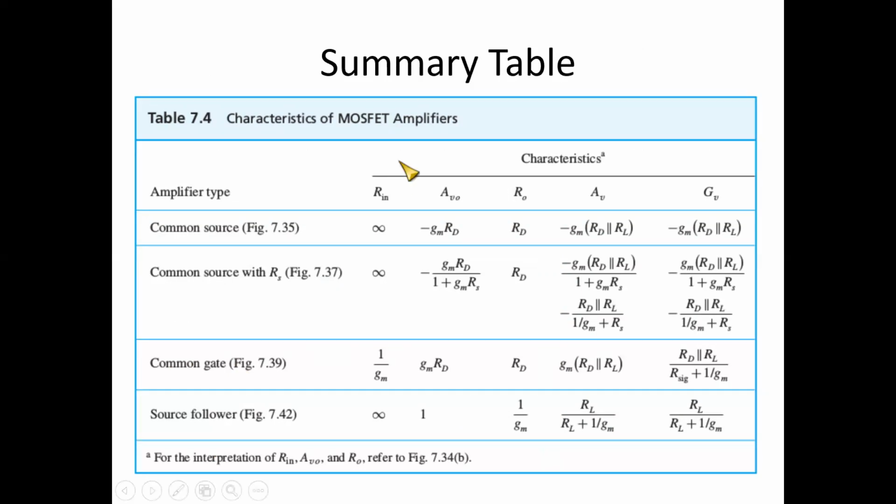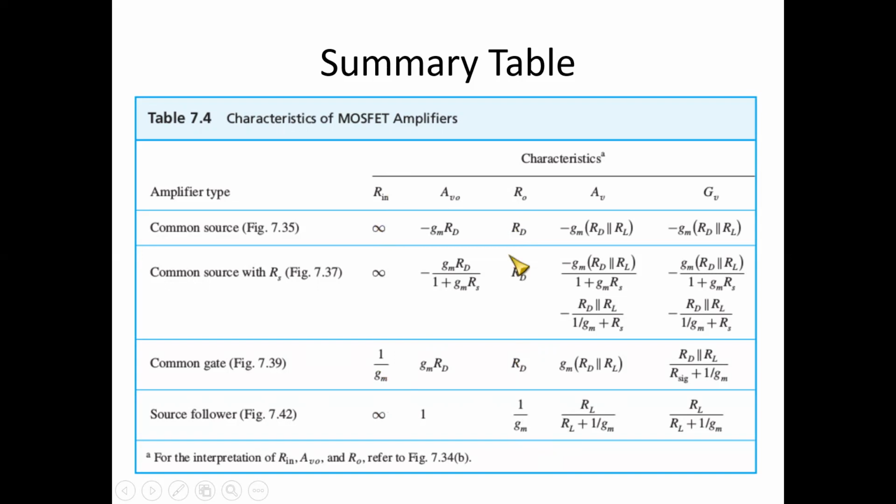You can see that the input resistance of the common gate amplifier is just 1 by GM compared to the infinity.